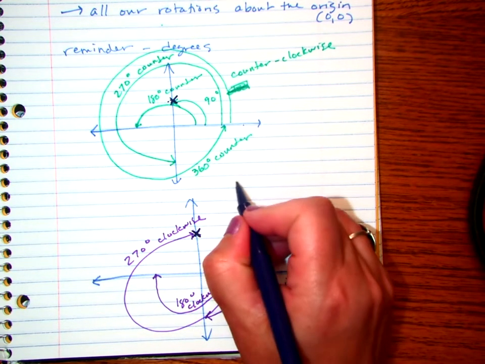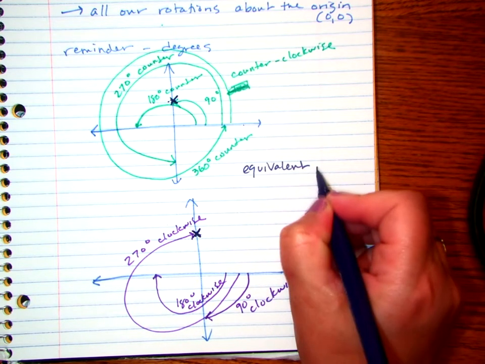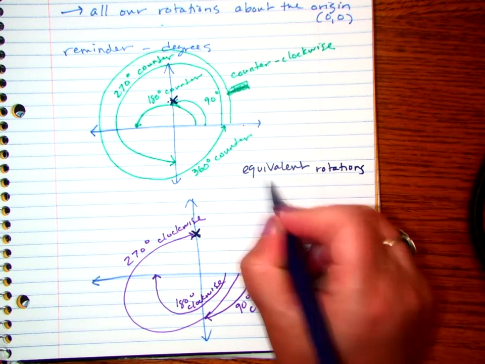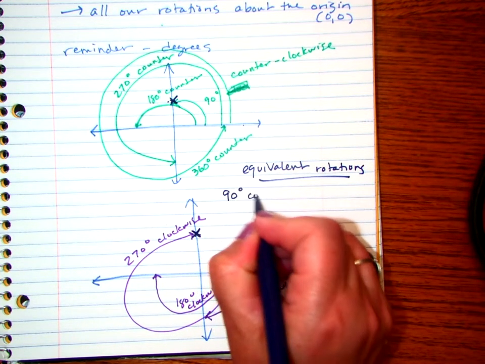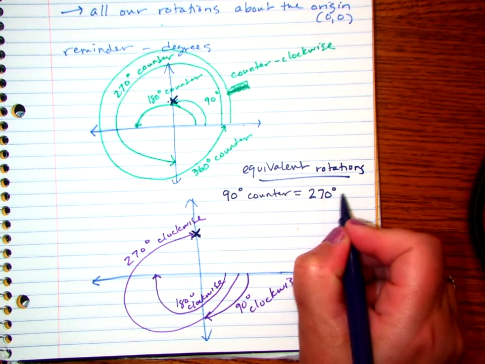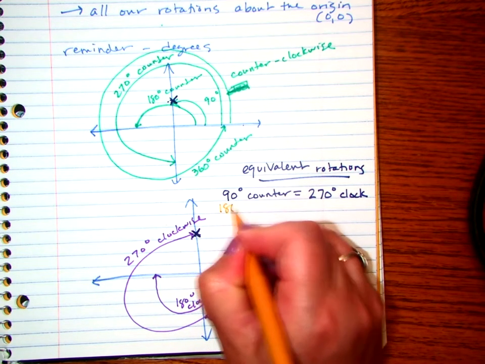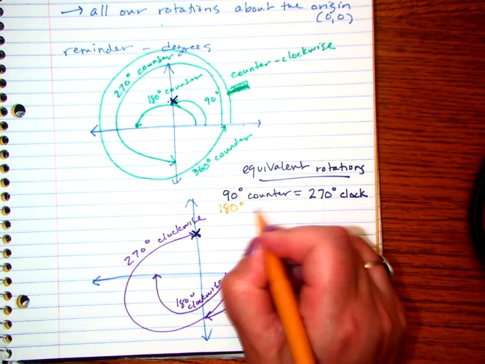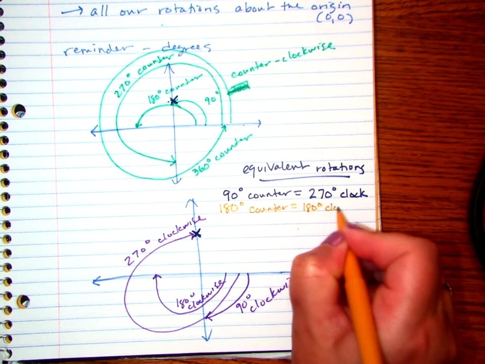So one thing to notice is equivalent rotations. 90 degrees counterclockwise is the same as 270 degrees clockwise. And 180 degrees counter is the same as 180 degrees clockwise.